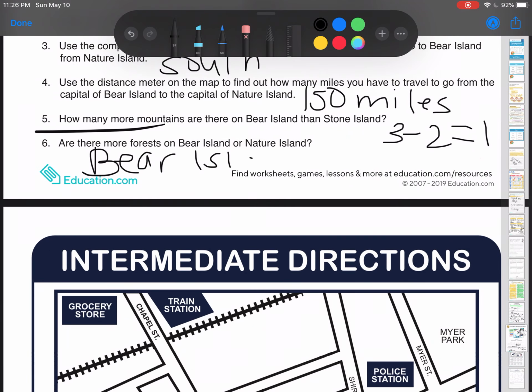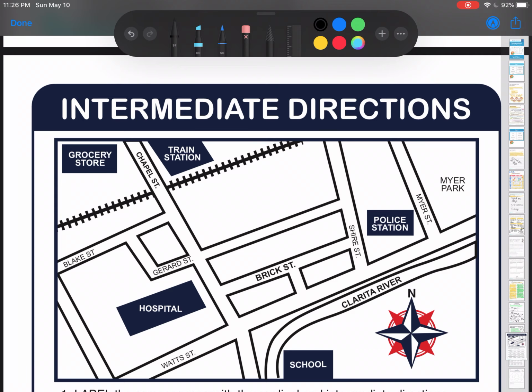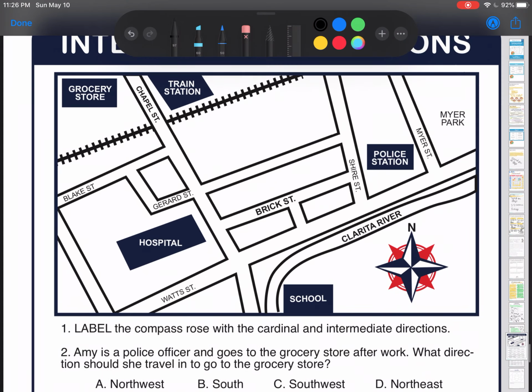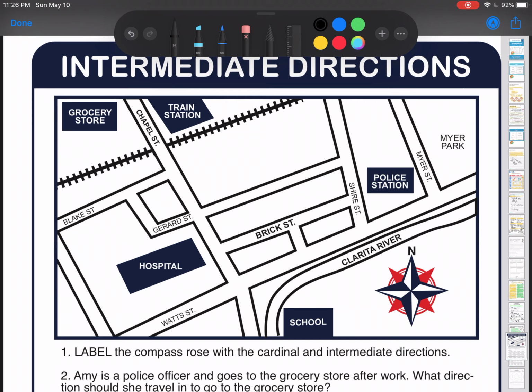Alright, intermediate directions. Label the compass rose with the cardinal and intermediate directions. So this is north. Never eat slimy worms. That's how you can remember it. So never, and you move this way. Never eat slimy worms.